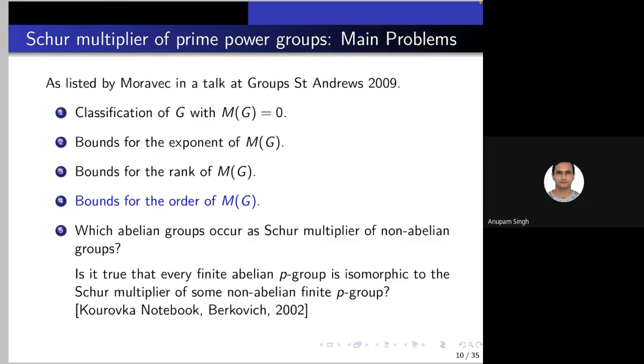In particular, a problem from the Kourovka Notebook asks: is it true that every finite abelian p-group is isomorphic to the Schur multiplier of some non-abelian finite p-group? Okay, there has already been a talk by Professor Prasad in this group theory Sangam series on the first problem, that is, classification of groups G with trivial Schur multiplier, and a talk on the second problem, that is, bounds for the exponent of M(G), by Professor Thomas.